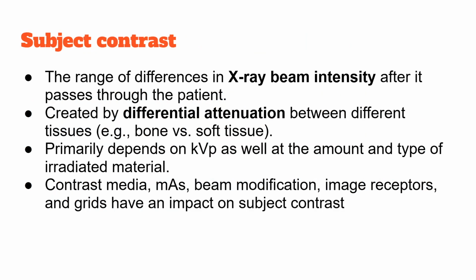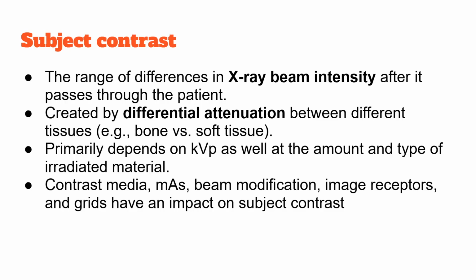We have subject contrast. This is the range of differences in X-ray beam intensity after it passes through the patient. It is created by differential absorption between different tissues, bone or soft tissue. Bone's a lot more dense than soft tissue, so it's going to attenuate more than what the soft tissue is.